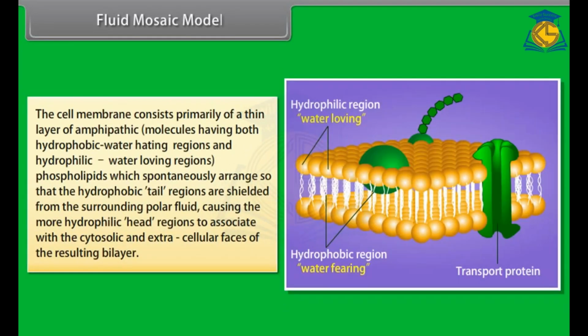The cell membrane consists primarily of thin layer of amphipathic molecules having both hydrophobic, water-hating region, and hydrophilic, water-loving regions, phospholipids, which spontaneously arrange so that the hydrophobic tail regions are shielded from the surrounding polar fluid, causing the more hydrophilic head regions to associate with the cytosolic and extracellular phases of the resulting bilayer.